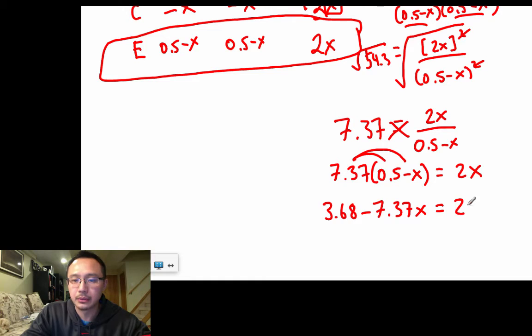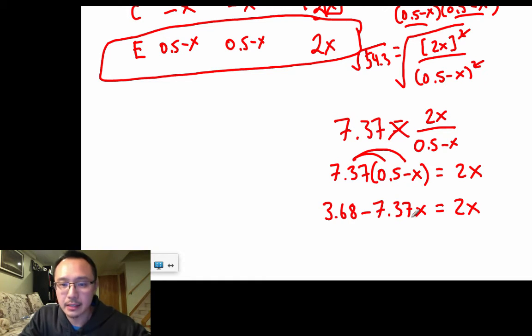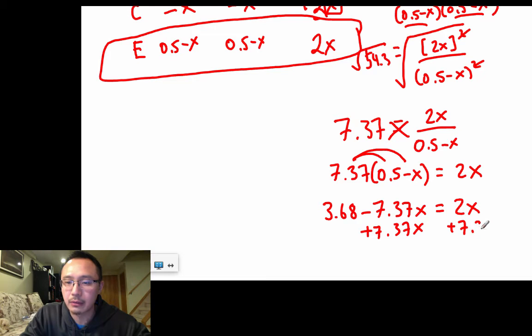I'm not done yet because I need to isolate x, and since I have x here and x here, I need to move them onto one side. I add 7.37x to both sides just to get rid of it from the left side. This will cancel. 3.68 is equal to 9.37x.